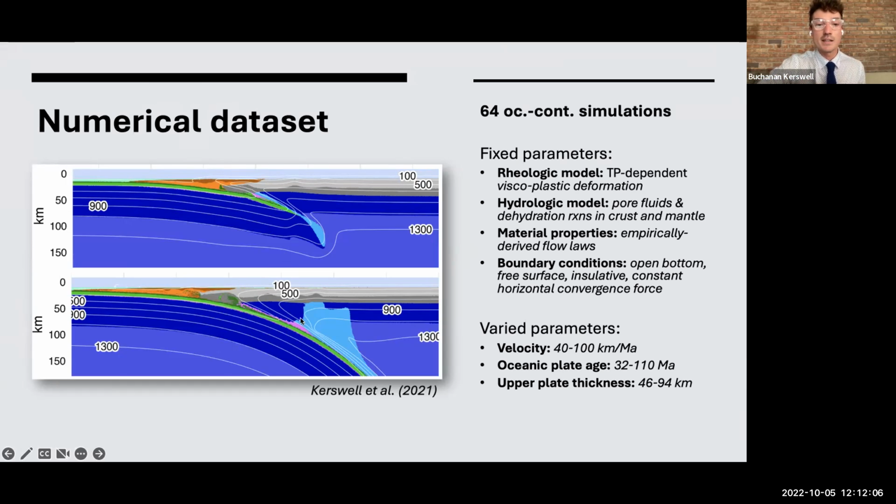And in the figure here, I'm not sure if you can see my cursor. Oh, you can, great. There's a very thin pink layer in the mantle wedge. I made this layer pink. It represents the markers that are serpentine, antigorite markers.